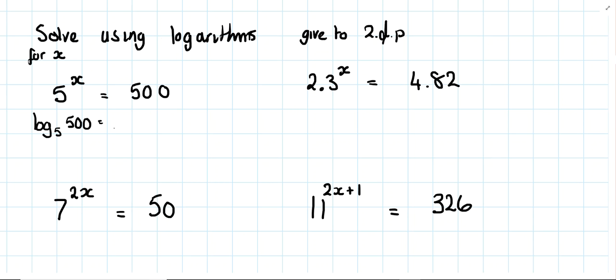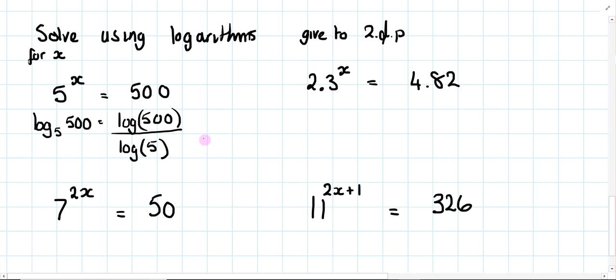Log, open bracket 500, divided by log, open bracket 5. So that equaled 3.86. Okay, cool.